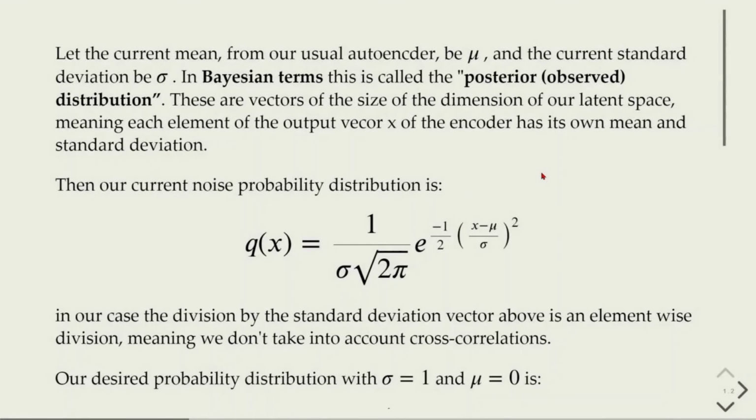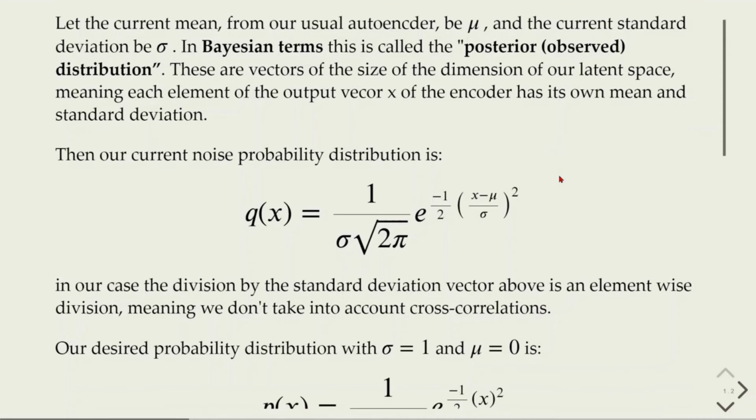Let the current mean from our usual autoencoder be mu and the current standard deviation be sigma. In Bayesian terms, this is called the posterior distribution or the observed distribution. These are vectors of the size of the dimension of our latent space, meaning each element of the output vector x of the encoder has its own mean and standard deviation.